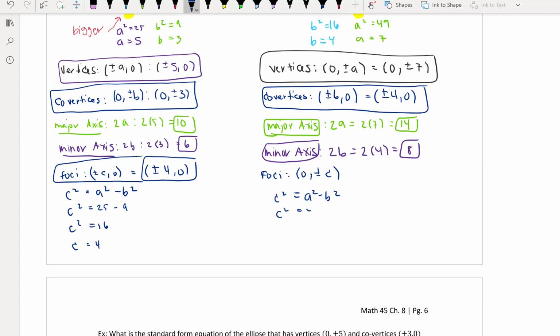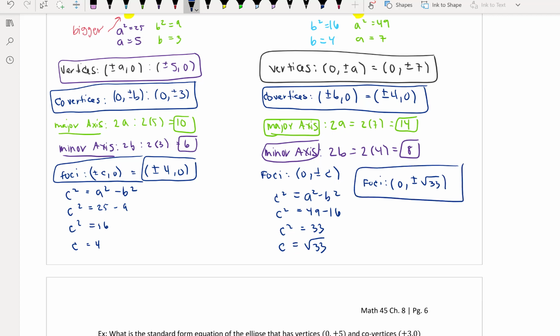So my a squared was given to me as 49, and my b squared is given to me as 16. So c squared is equal to 33. So c is equal to the square root of 33. So then my foci is going to be 0 plus or minus the square root of 33.